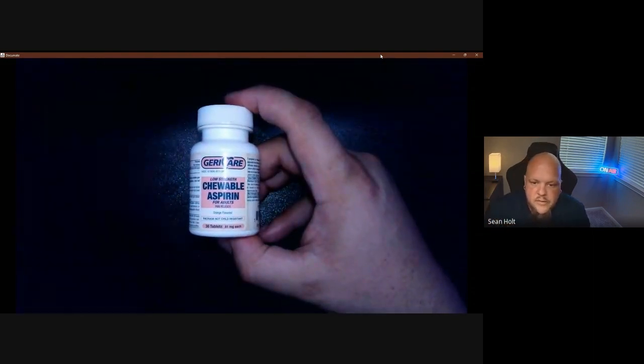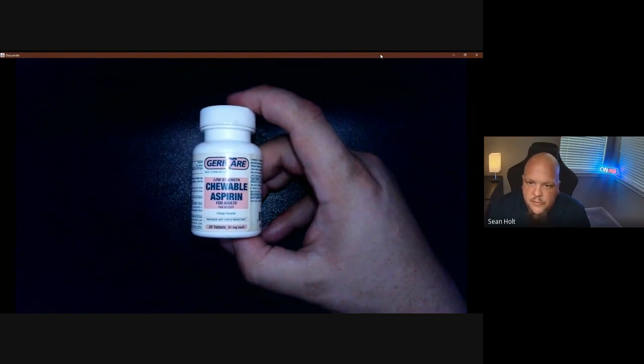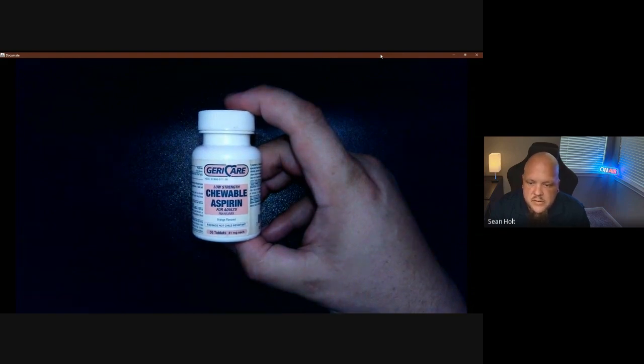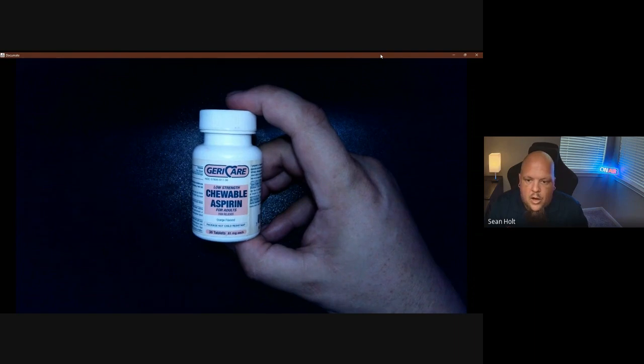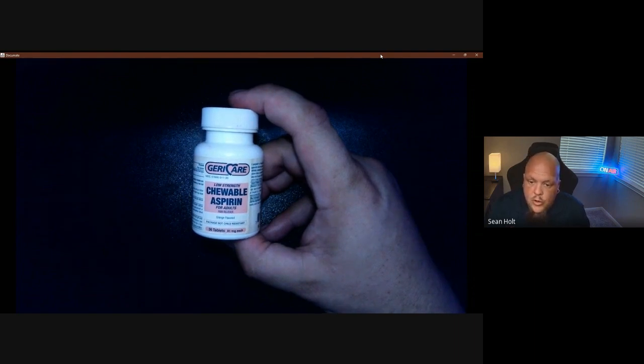So these chewable aspirin are really what makes the biggest difference in our patients' lives, okay? If they're having a heart attack, aspirin is possibly the most important medication that this patient can receive in order to keep them from having a worsening heart attack, okay? So what that means is a heart attack is generally a spasm or a clot, all right? The clot situation in a coronary vessel.